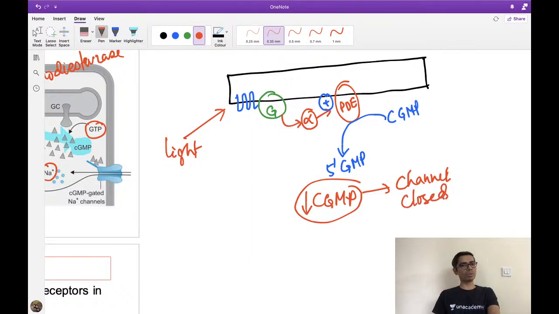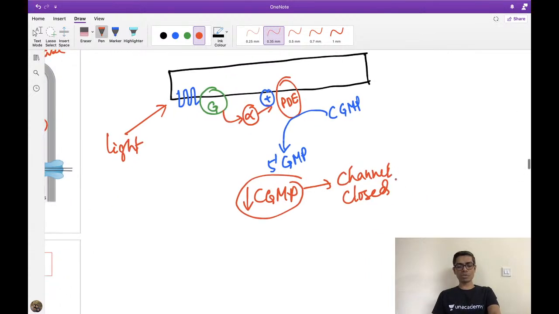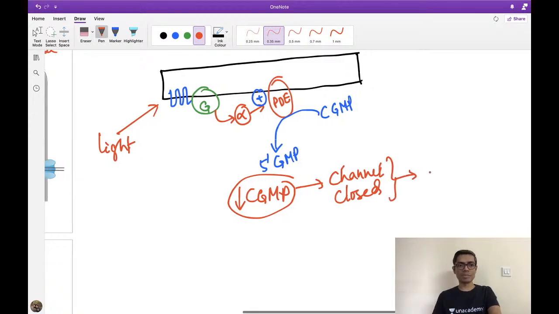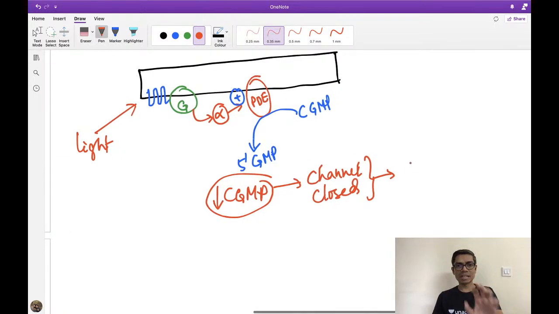That channel will be closed. Because of the closing of this non-specific cation channel, the dark current is not going to flow. So the dark current will be stopped. And because of the current flow stopping, there will be hyperpolarization of the photoreceptor cell.